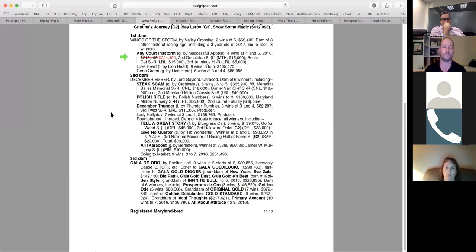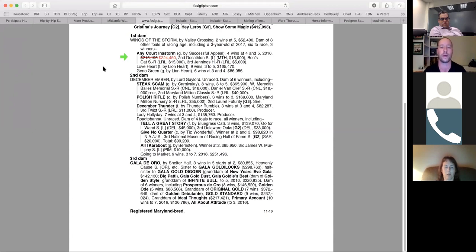So you see here, the black type horses are by Successful Appeal. He's still standing at stud. We could look him up in the Stallion Register. Stakes Scam is by Carnivale, who is a Northern Dancer horse. Polish Rifles by Polish Numbers, who is a Danzig horse, who's a son of Northern Dancer.